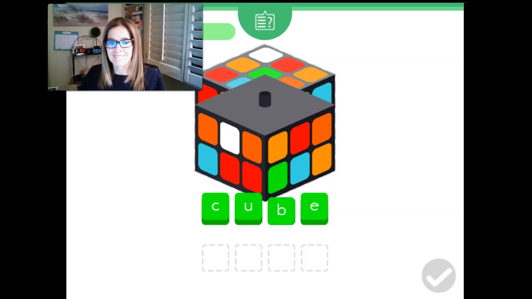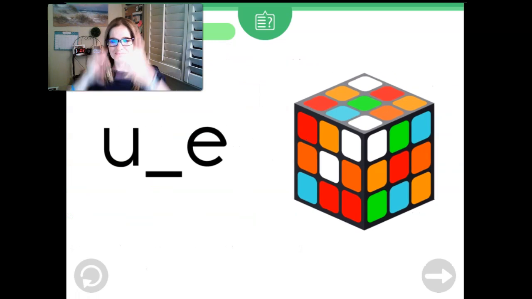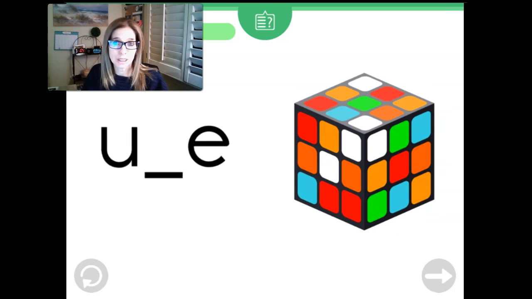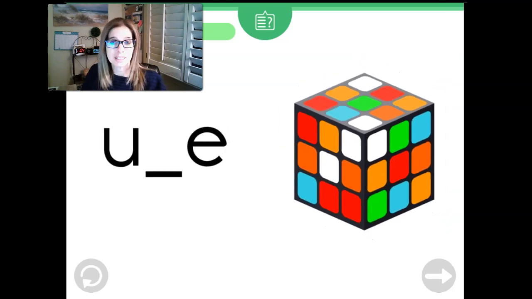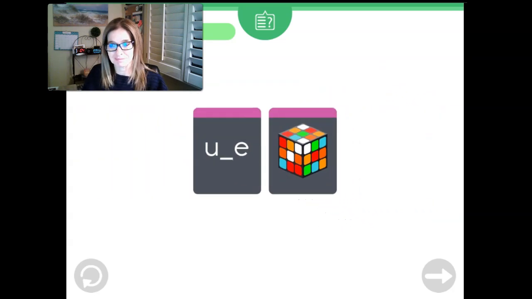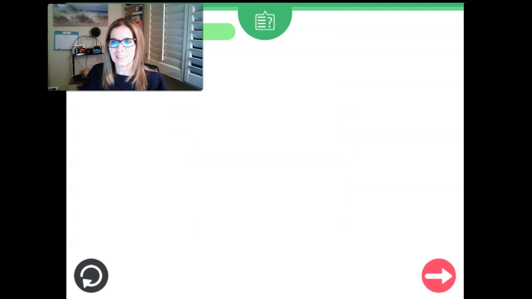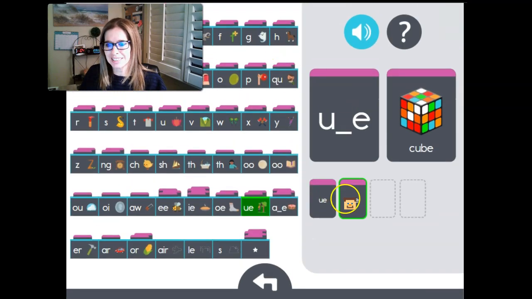U. B. Cube. The cube sound says cube, cube. And up he went, just where we were in this U spelling card.